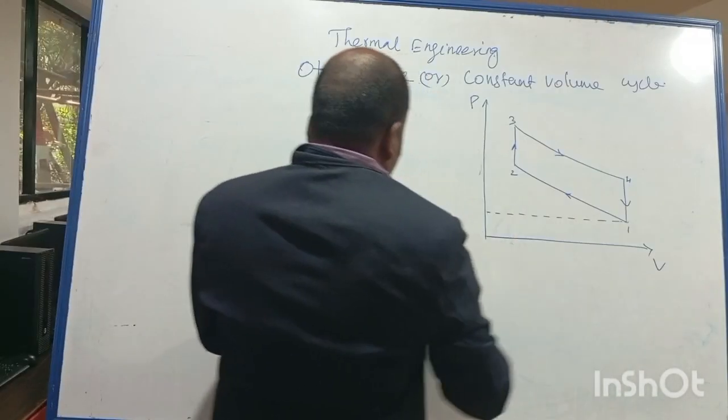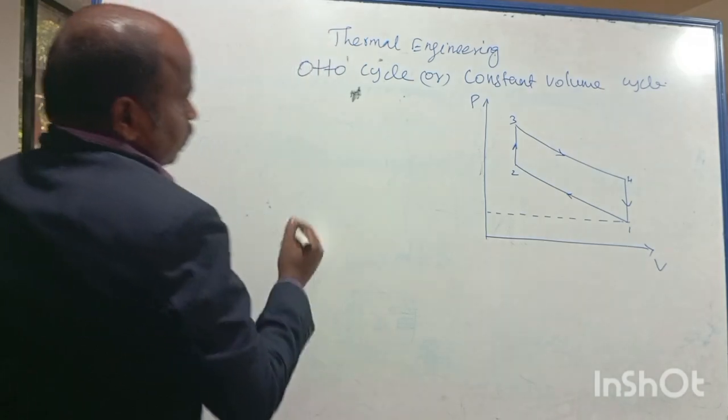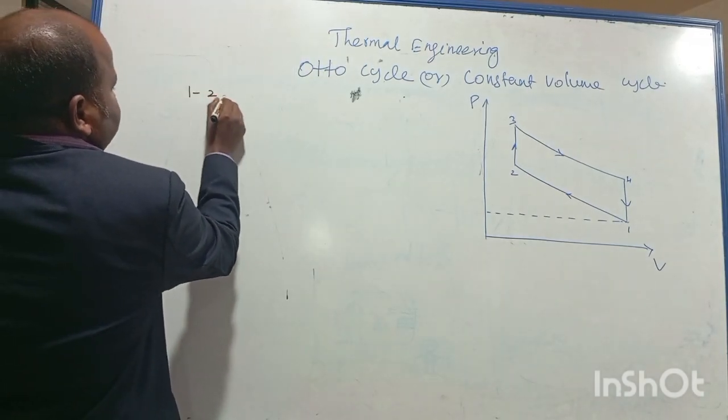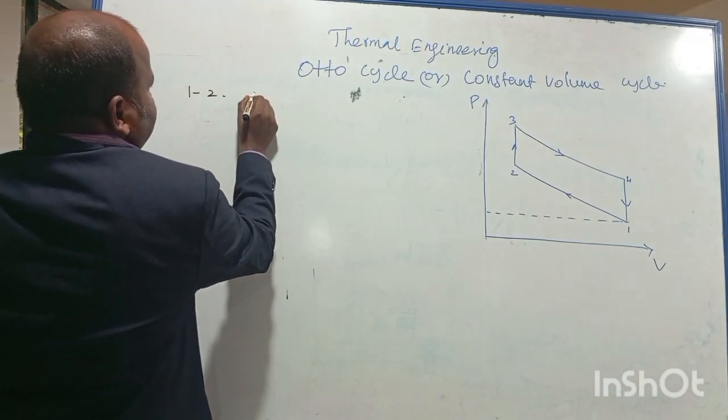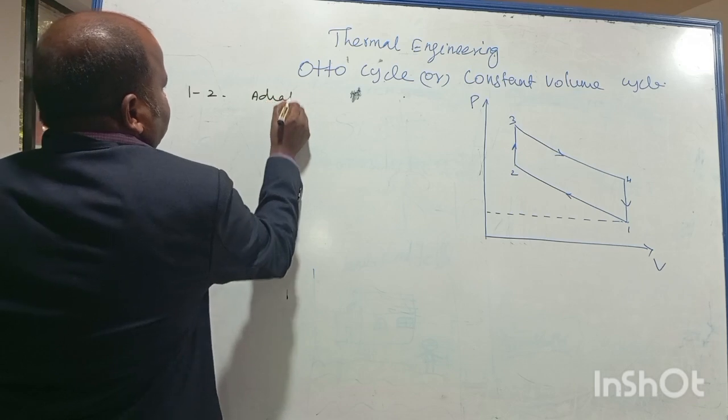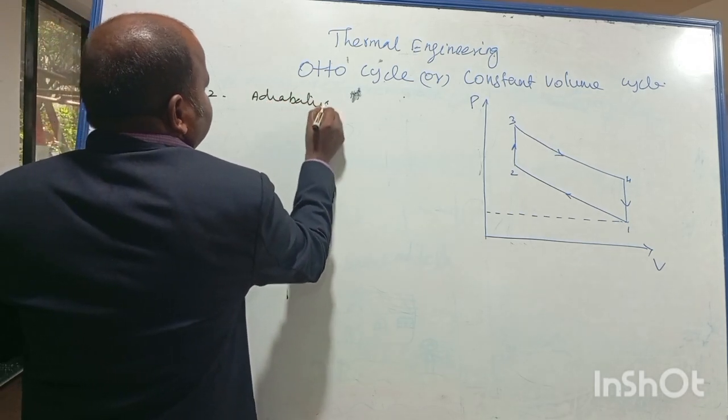So 1 to 2 is isentropic or adiabatic compression.